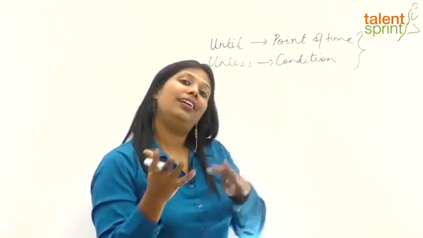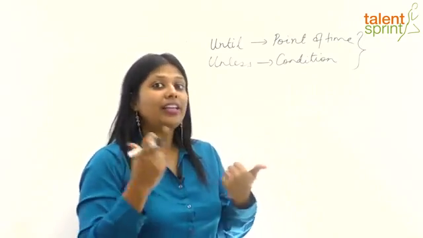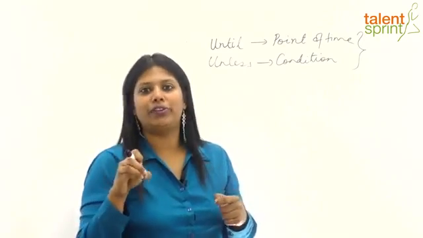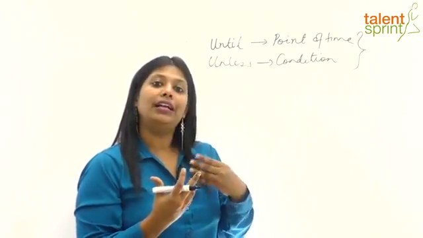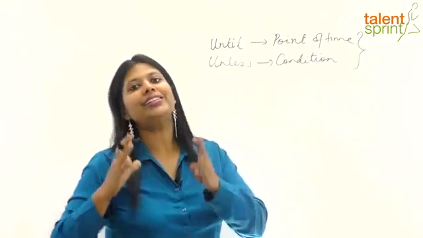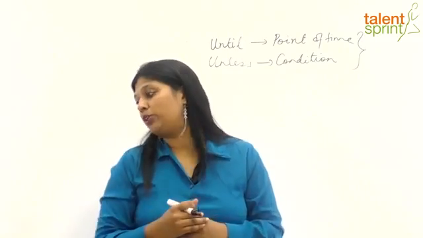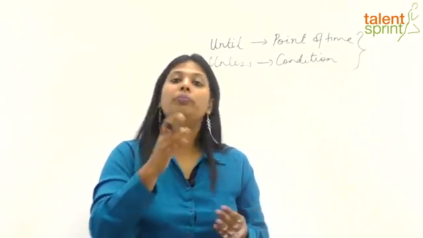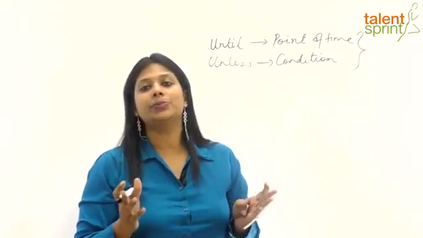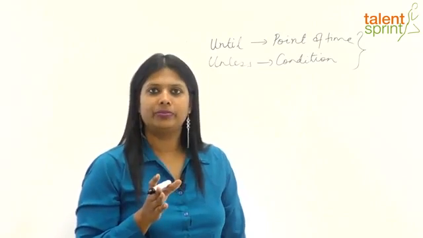Until he works hard: we are not talking of a point of time, we are trying to relate it to a reason. What is the condition? Unless he works hard. The condition is him working hard. Unless he works hard all year long, he won't be able to buy his father an expensive gift.